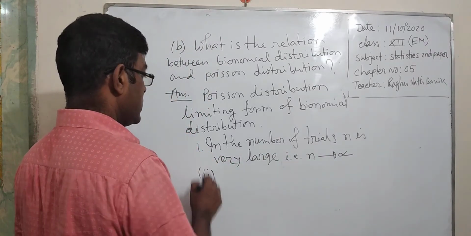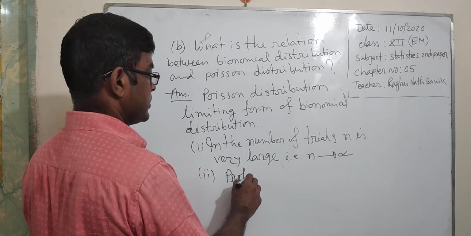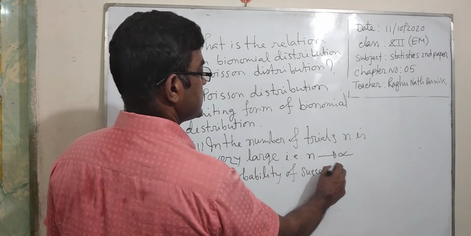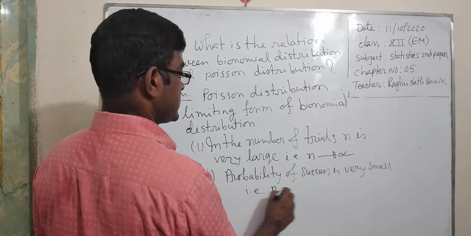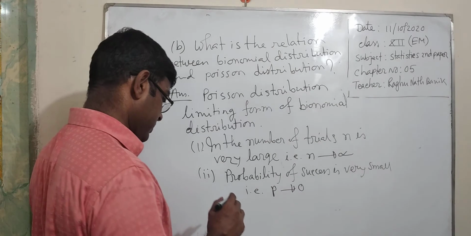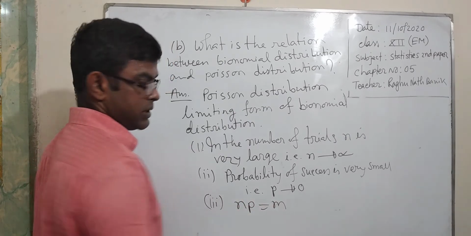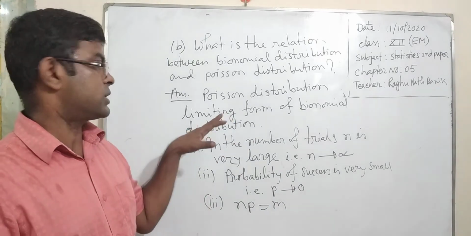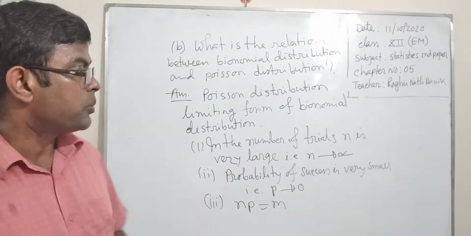Number 2, the probability of success is very small, that means p tends to 0. Number 3, np is equal to m, a parameter. In these 3 cases, the binomial distribution tends to the Poisson distribution.